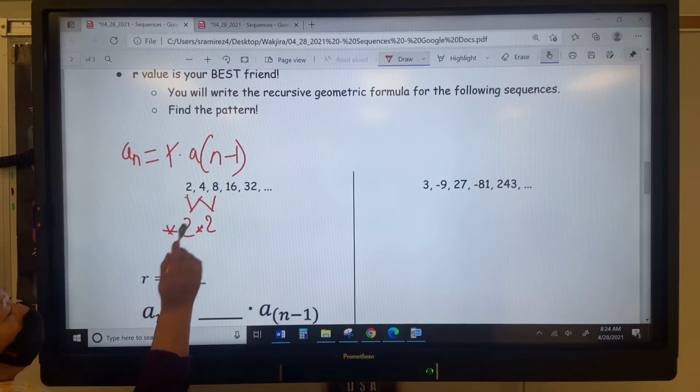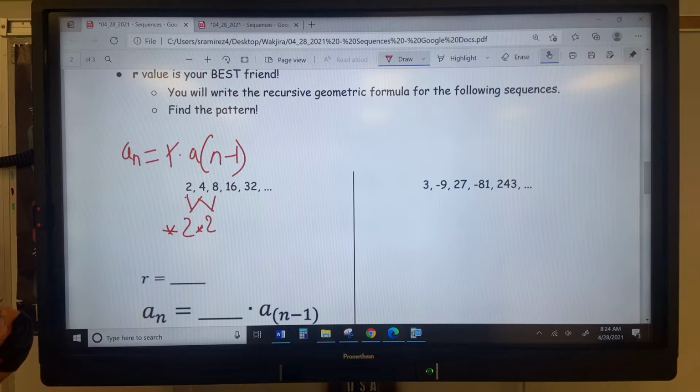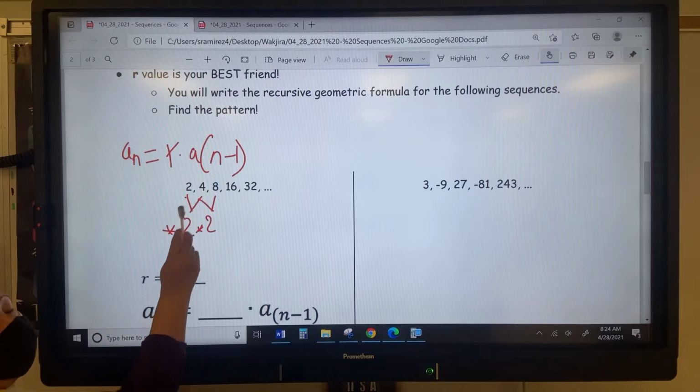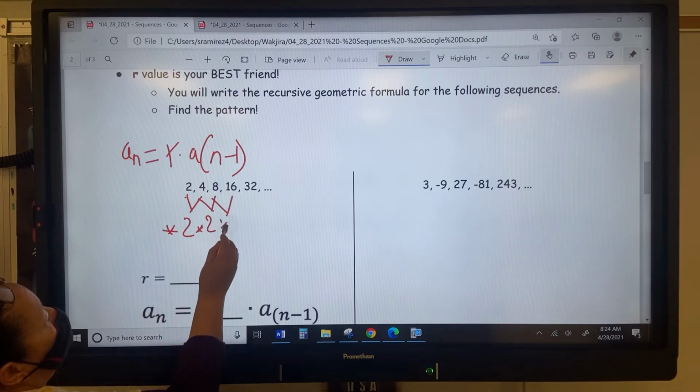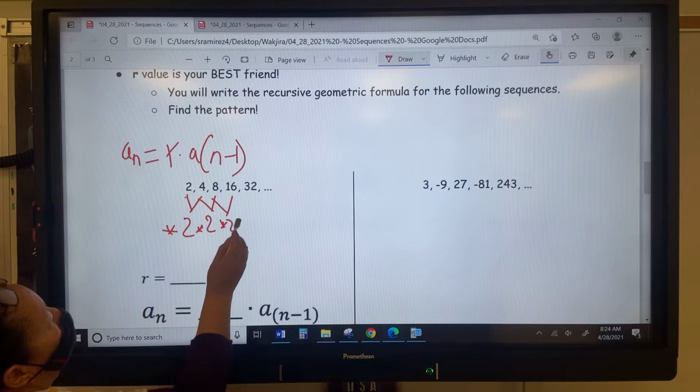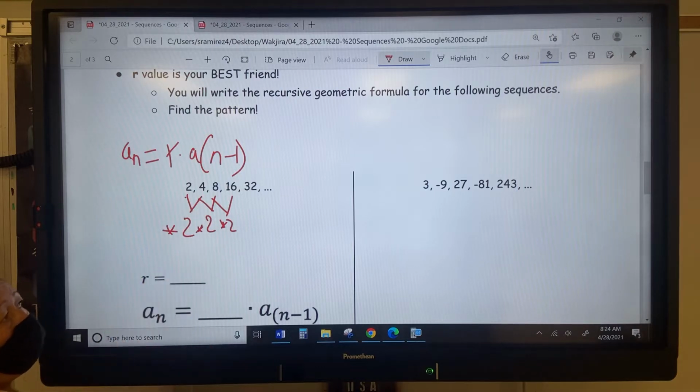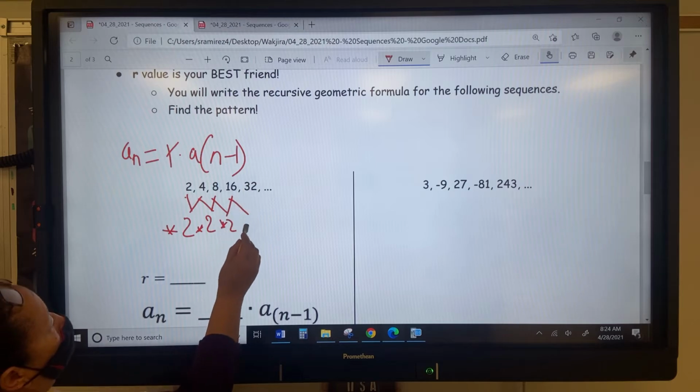From 8 to 16, in order for us to get 16, what multiplies 8? That is 2 again. So from 16 to go to 32, what multiplies 16 in order for us to get 32? That is 2.